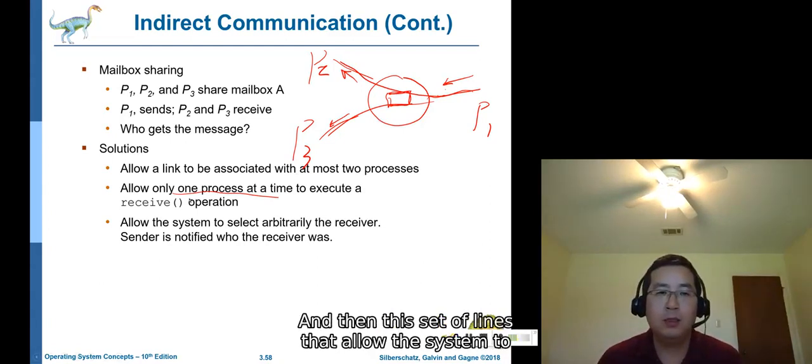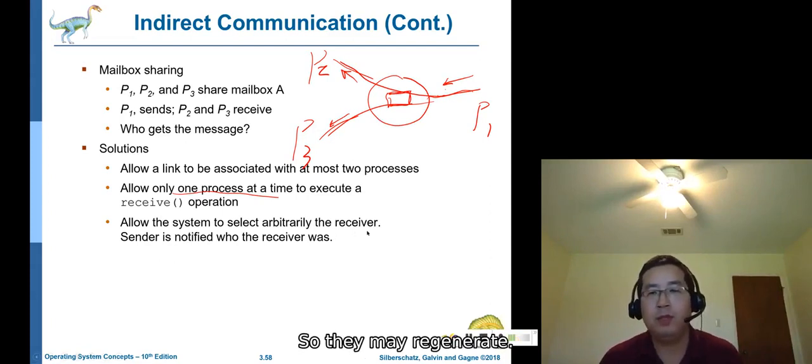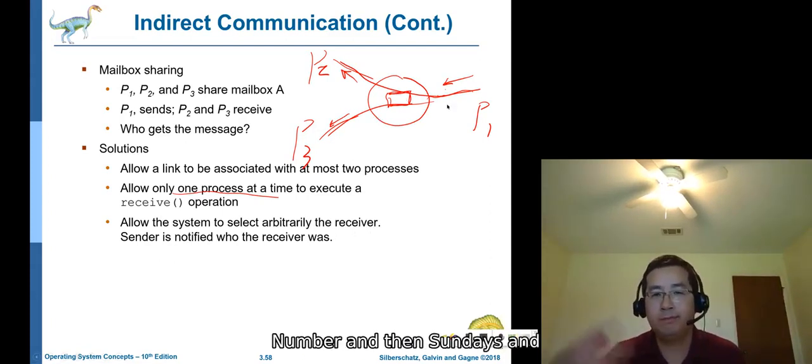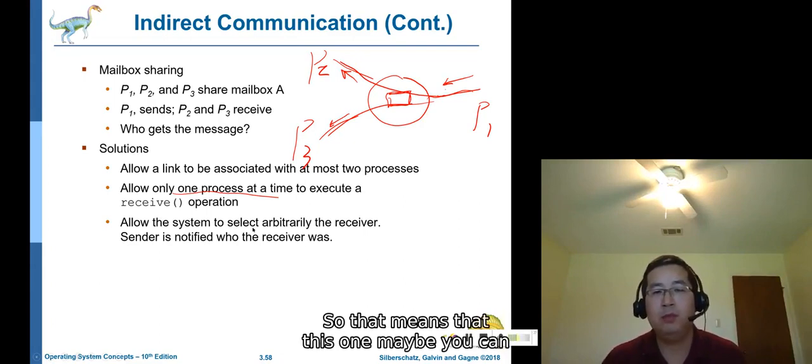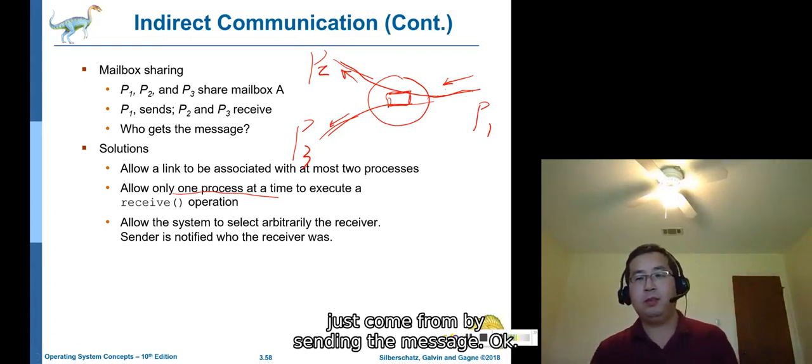And then the third one is to allow the system to select the receiver arbitrarily. So that means maybe generate a number, and then the sender is notified who the receiver was. So you can just confirm by sending the message.